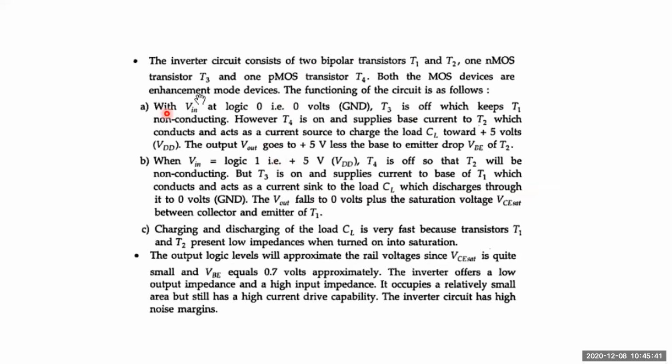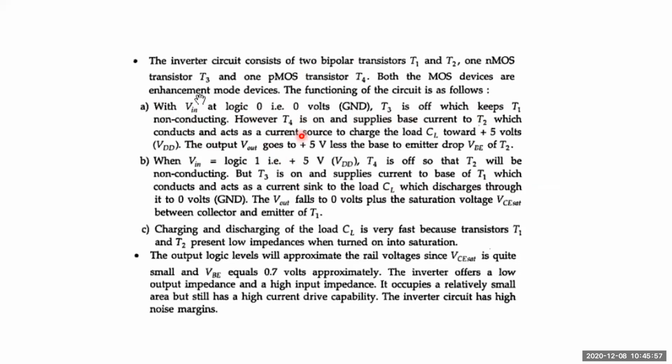The functioning of this BiCMOS inverter is as follows. Whenever you supply Vin equal to logic 0, that is 0 volts, the NMOS will be turned off and the PMOS will be turned on.